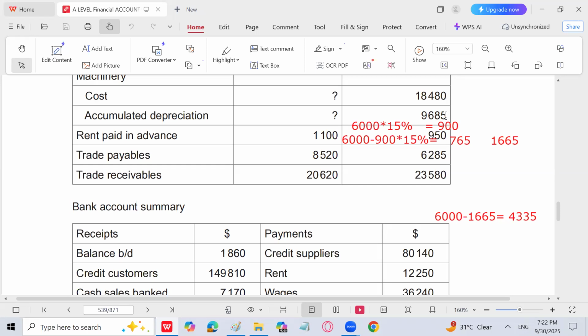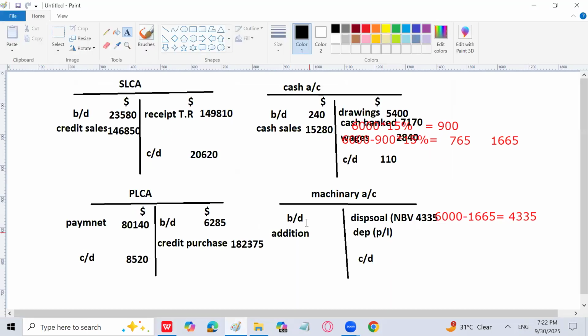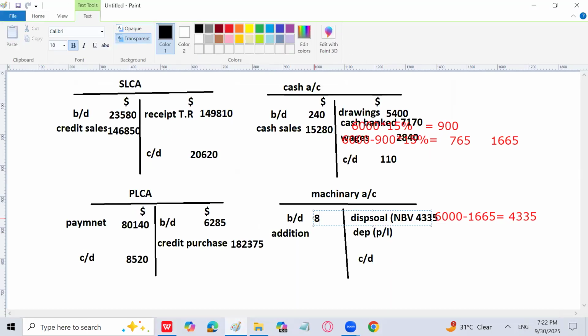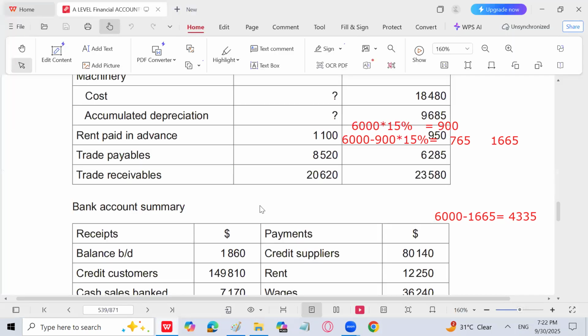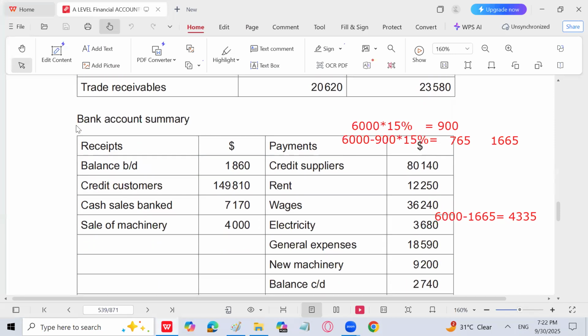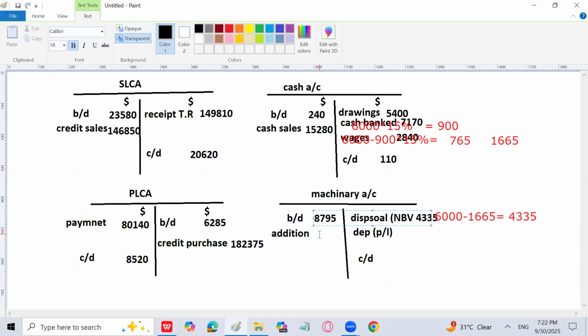What is the amount? 8795. So the brought down is going to be 8795. Addition: we have purchased some more assets, which is given in the question. New machinery has been purchased for 9,200. So machinery debit and bank credit, I will write here 9,200.